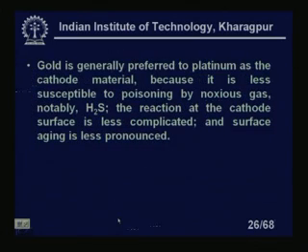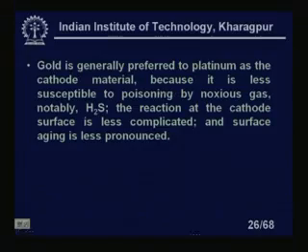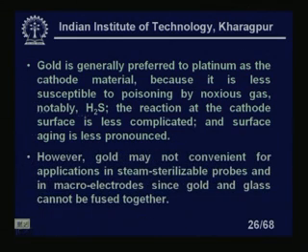Gold is generally preferred to platinum as the cathode material because it is less susceptible to poisoning by noxious gases, notably H2S, hydrogen sulfide, and the reaction at the cathode surface is less complicated and the surface aging is less pronounced. However, gold may not be convenient for application in steam sterilizable probes and the macro electrode, since gold and glass cannot be fused together.